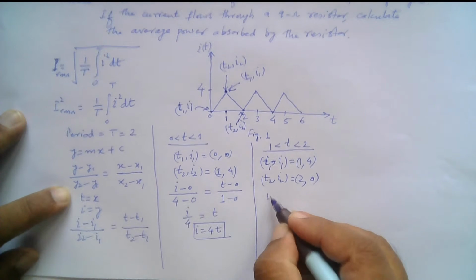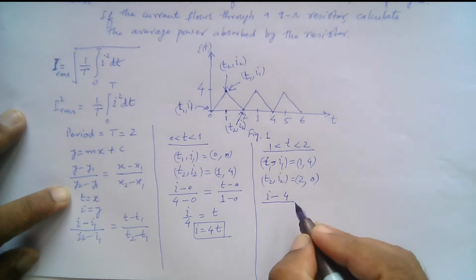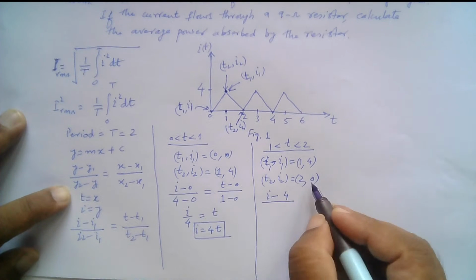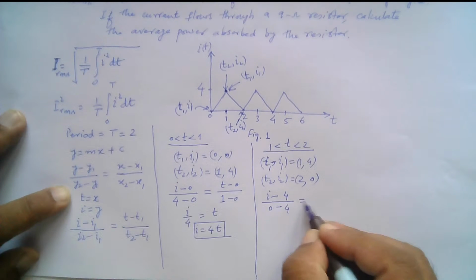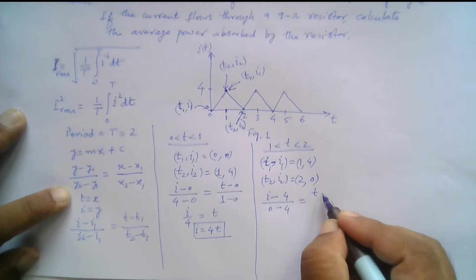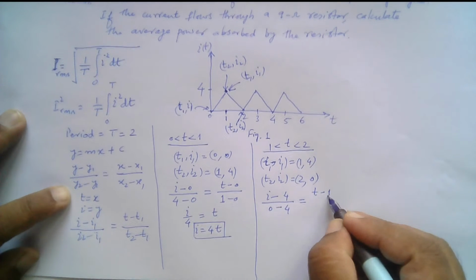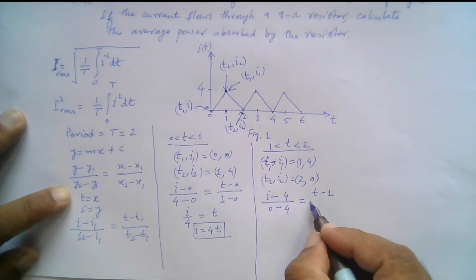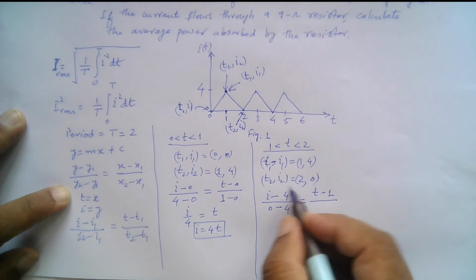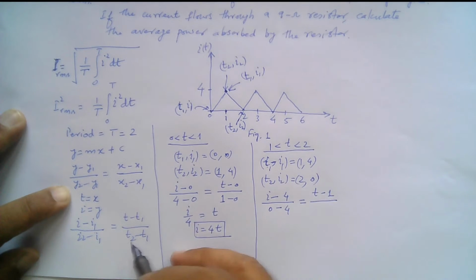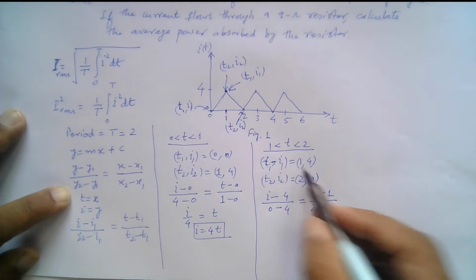So we can now substitute these values in this formula. I minus I1, where I1 is 4, divided by I2, which is 0, minus I1, that is 4, is equal to T minus T1, where T1 is 1, divided by T2, which is 2, minus T1, which is 1.